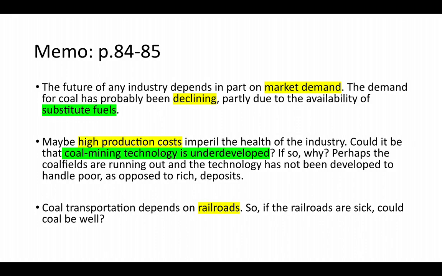It could be that you are not utilizing the more advanced coal mining technology, right? But why? We really need to dig deeper, so it's probably good to talk to someone working on the front line. Or is this because of transportation, because of the railroads? If the railroads are sick, then the coal industry can't be well, because you depend on the railroads to transport your coal to other places in need.